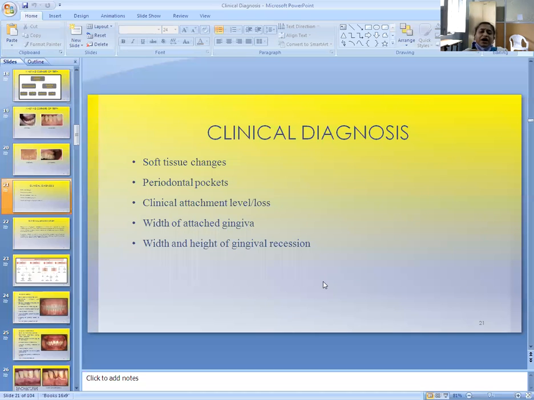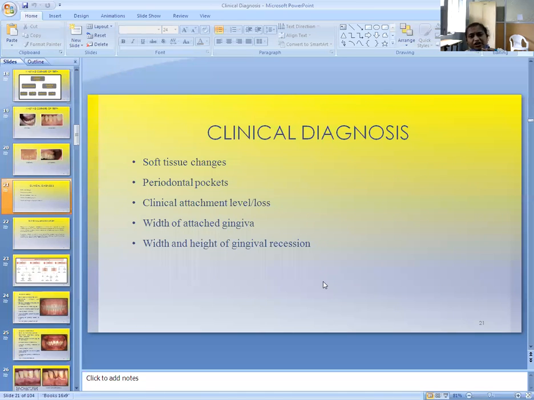There are different components of your case history. In clinical diagnosis, we record general information, followed by habits of the patient related to brushing and oral hygiene, then extraoral signs or examination, then intraoral examination.